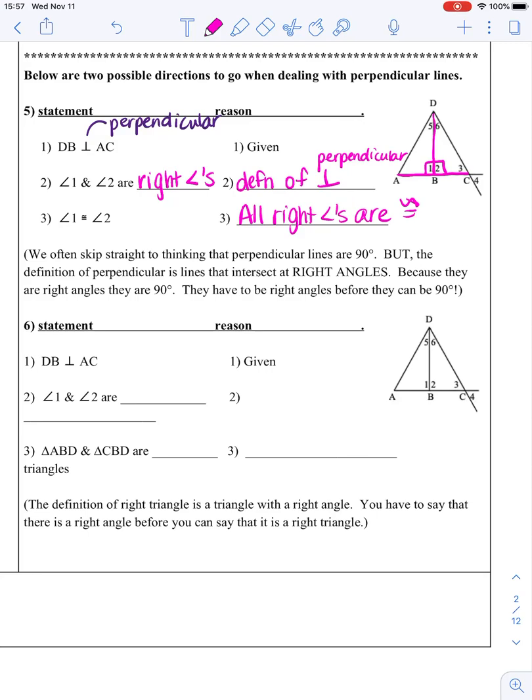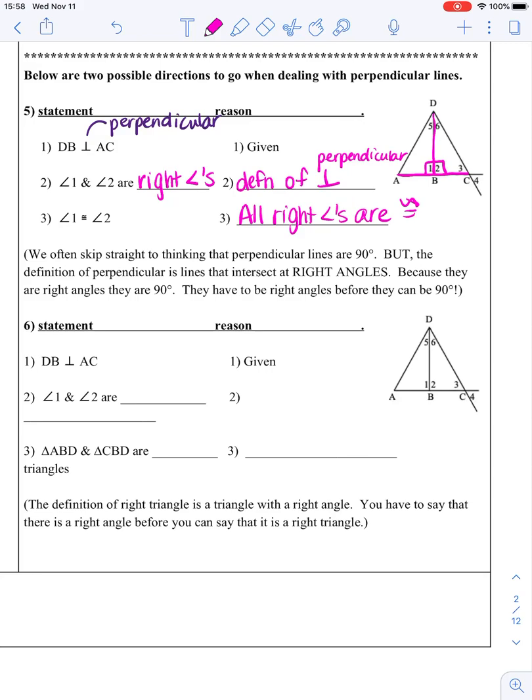Now, we usually skip straight to, somebody will say those lines are perpendicular, and we skip straight to 90 degrees. We skip straight to saying that they are 90 degrees. But technically, the definition of perpendicular says they're lines that intersect at right angles, and then we have to say that they're 90 degrees because they're right angles.